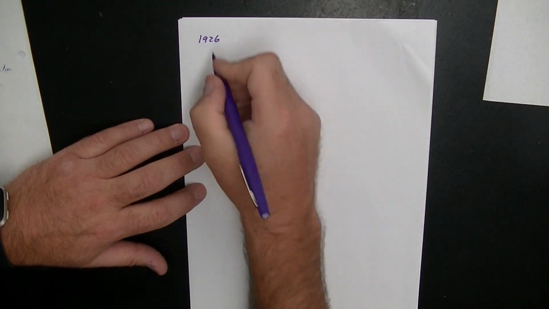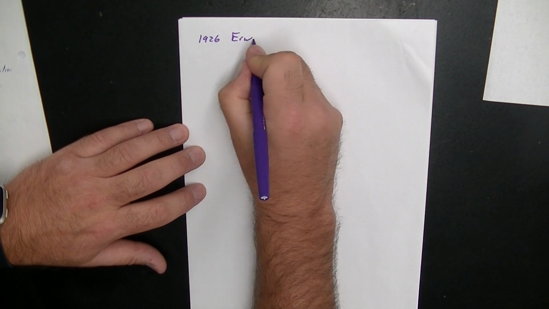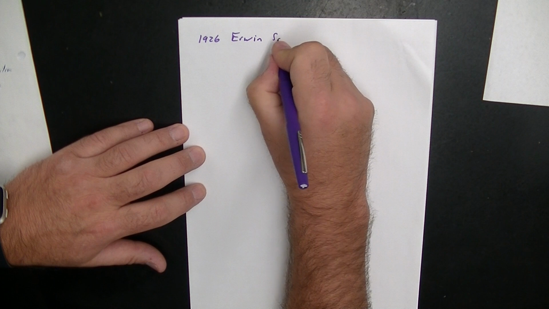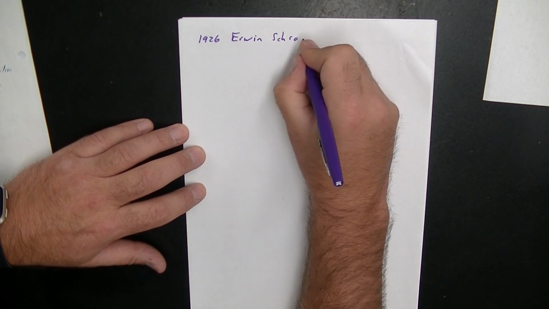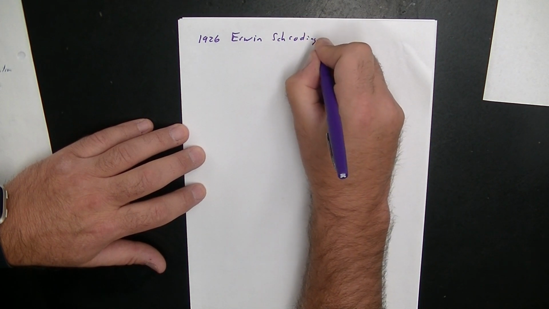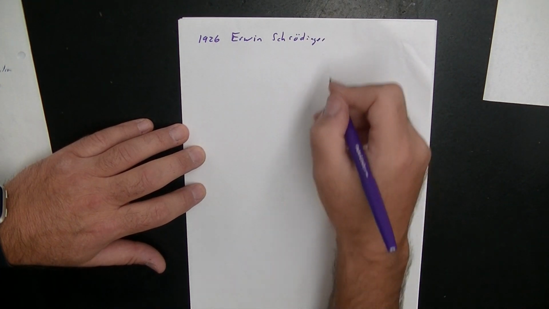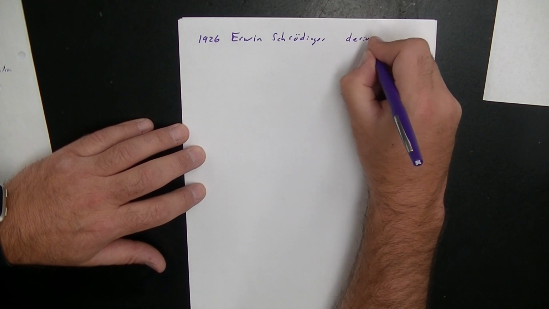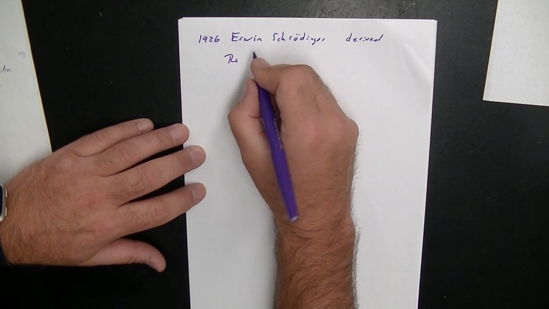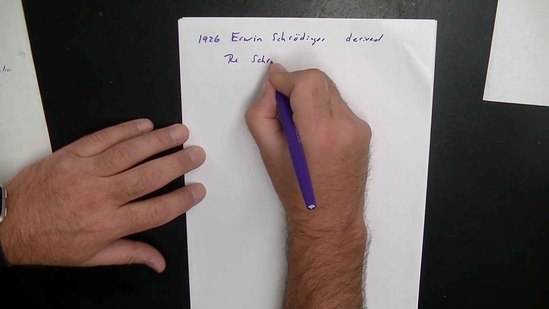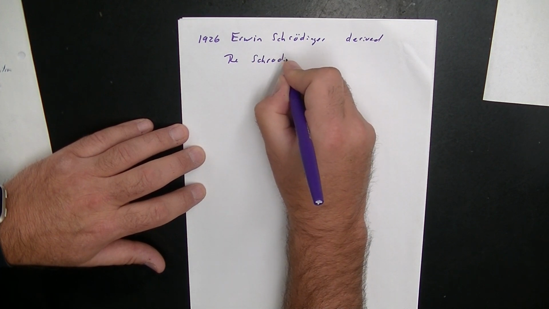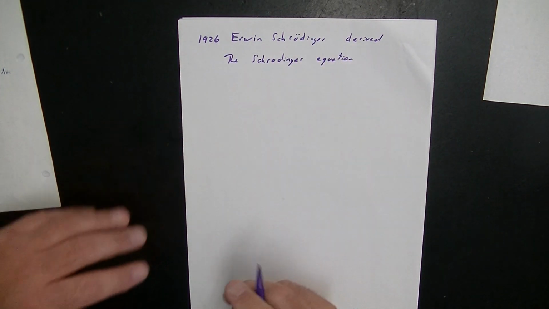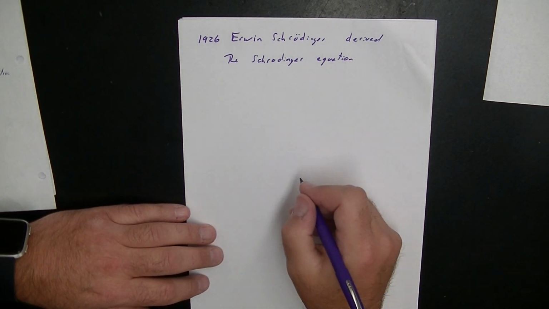In 1926, Erwin Schrödinger, S-C-H-R-O-D-I-N-G-E-R, there are umlauts over this, derived what's called the Schrödinger equation, and I'm going to give it to you.